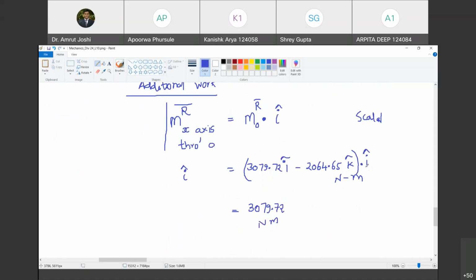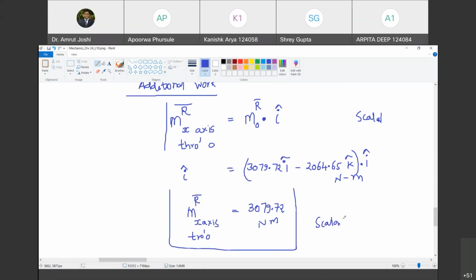And k cap dot i cap is 0 because k cap is directed along Z, i cap is directed along X. Their dot product is going to be 0 because by definition dot product is magnitude of k cap into magnitude of i cap into cos of angle between them. Cos of angle between them, which is 90, is 0. Are you with me? Yes, sir. So therefore I get moment of R bar about X axis through O as 3079.72 Newton meter. It is a scalar quantity.